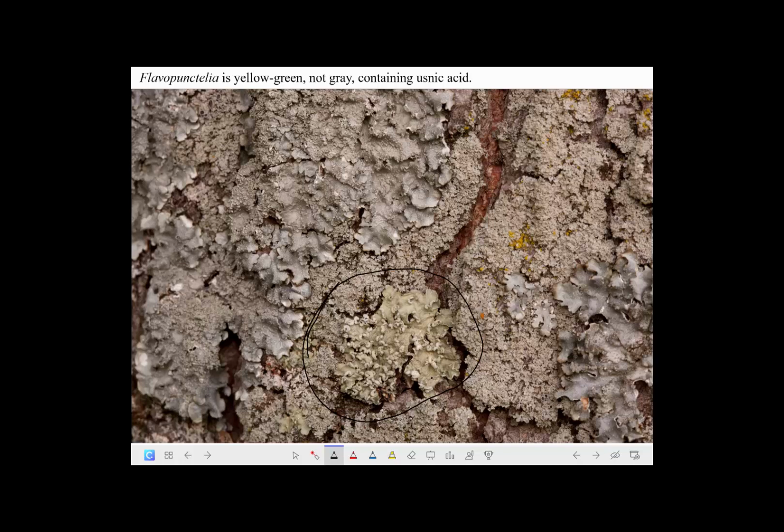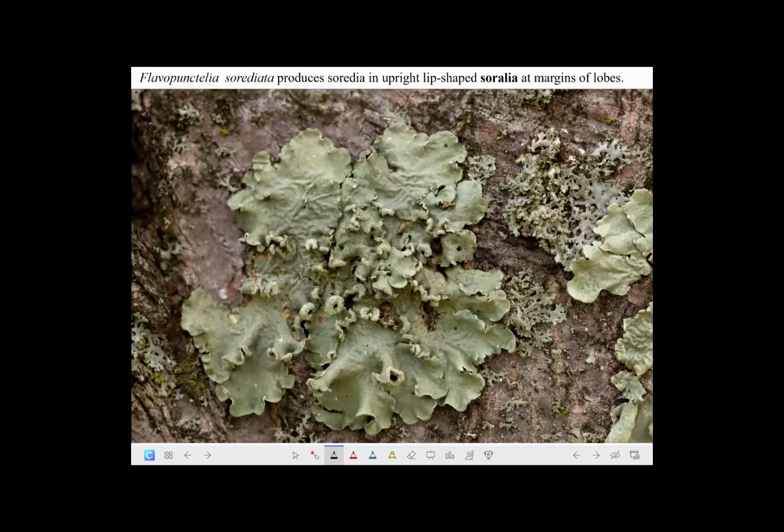Recognizing it is a very important step in the identification of lichens. I call it a flavo color, because a lot of the lichens that have that color are in genera that begin with the name flavo, particularly Flavoparmelia and Flavopunctelia.